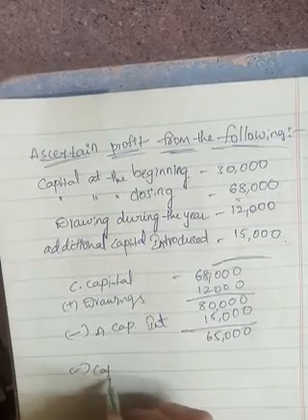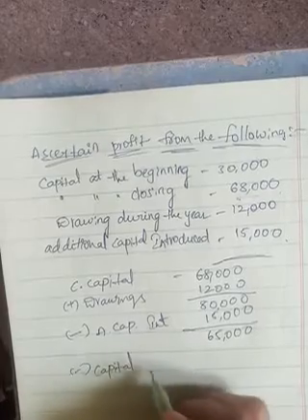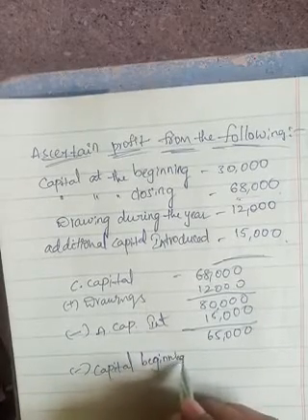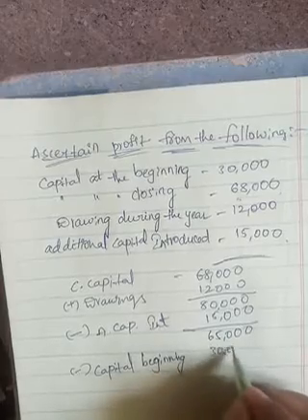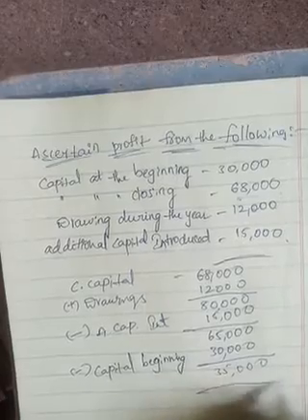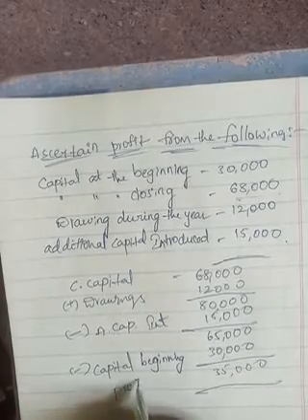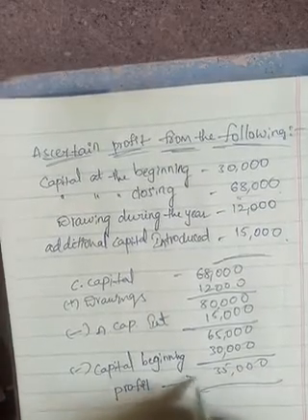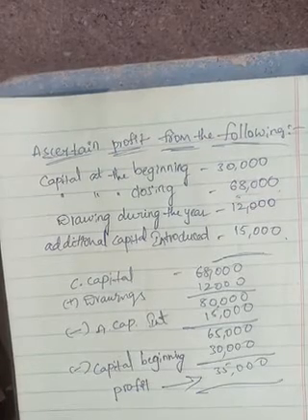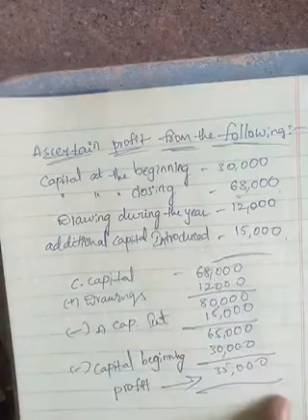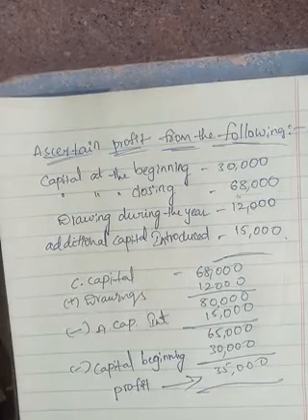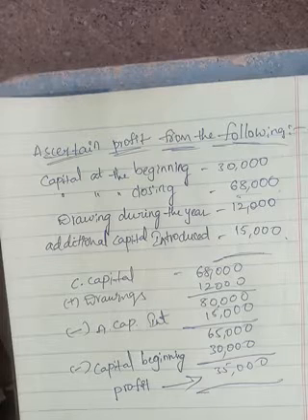Minus capital at the beginning, 30,000. The profit is 35,000. In this short way, this type of question will be asked. You have to draw the proforma and substitute in that proforma. Okay, this is our class today.